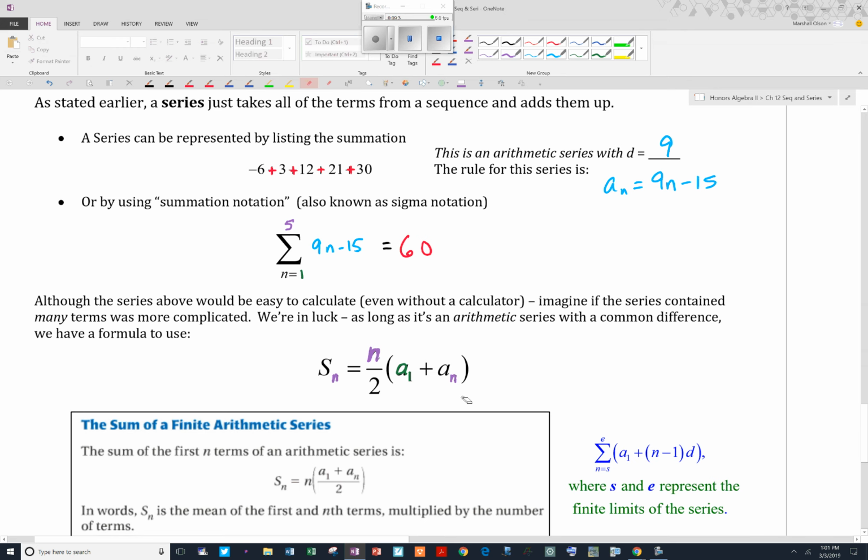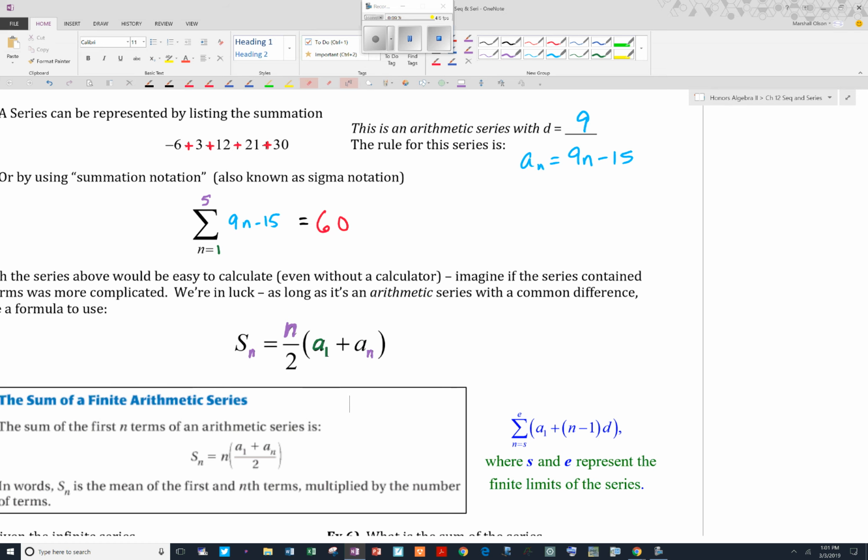All right, so let's do that with the series that we have up above. Let's see if we get 60 like we thought we should. The sum of 5 terms in that series is going to be 5 divided by 2, since we're adding 5 terms together. The first term is negative 6.